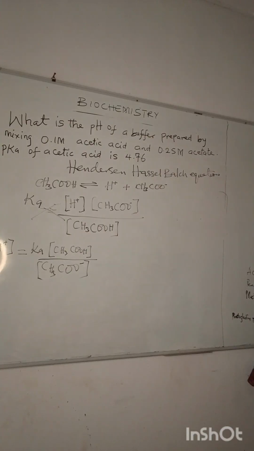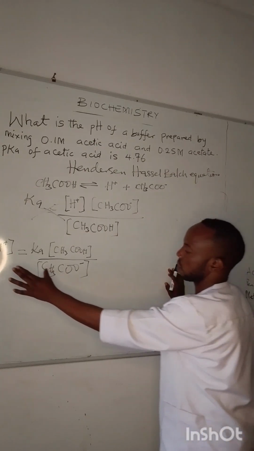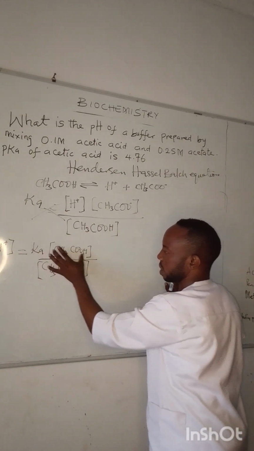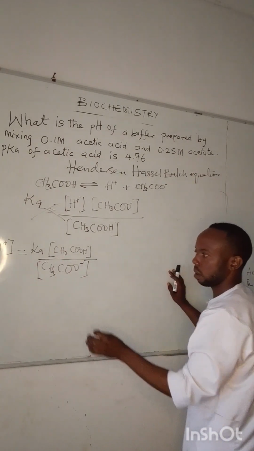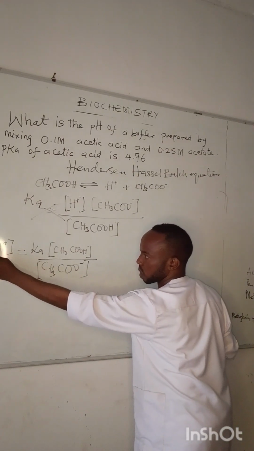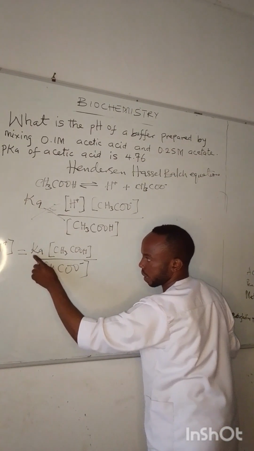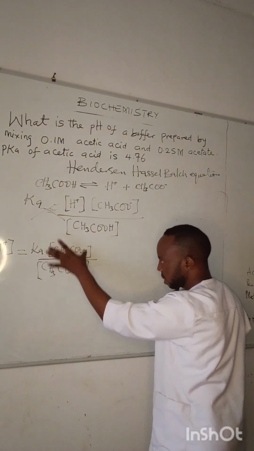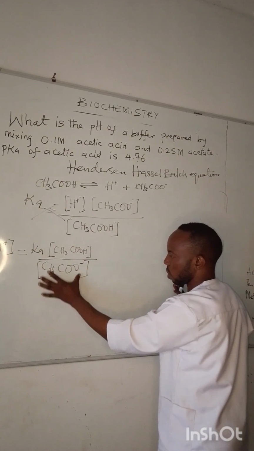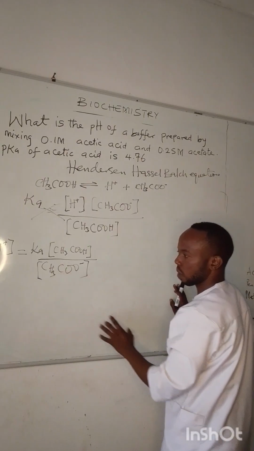Yes. Now the next step is taking the negative logarithm of each of these. To the hydrogen ion, you put negative log; Ka, negative log; and for the acid over acetate, you take negative log of the whole.